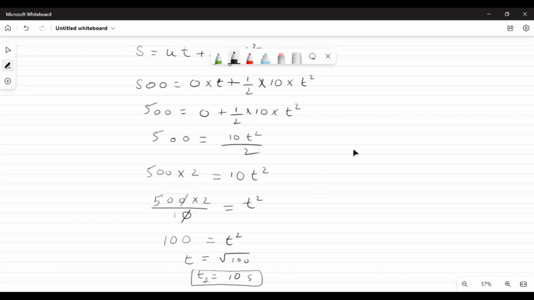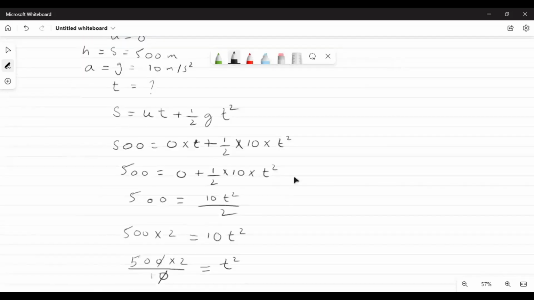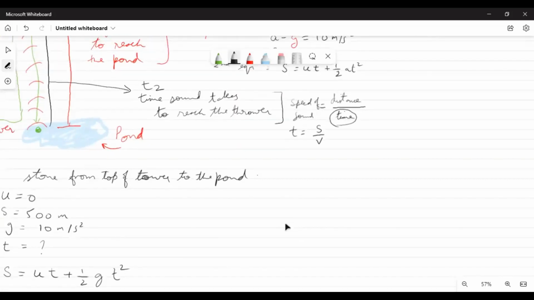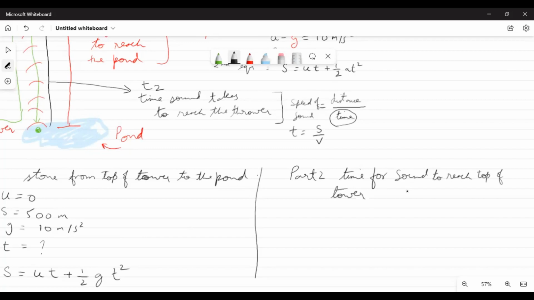Okay. Now let us do part 2. Part 2: time for sound to reach the top of the tower from the pond, the sound of the splash.